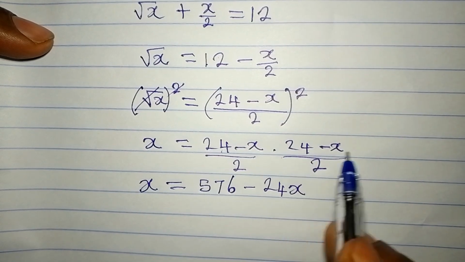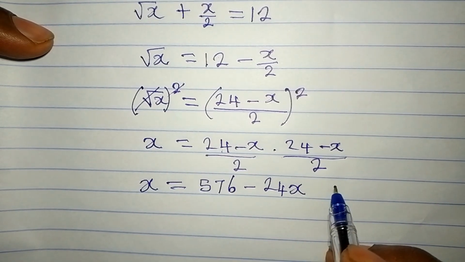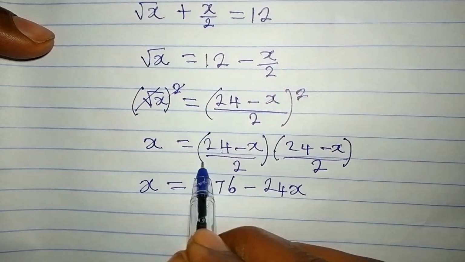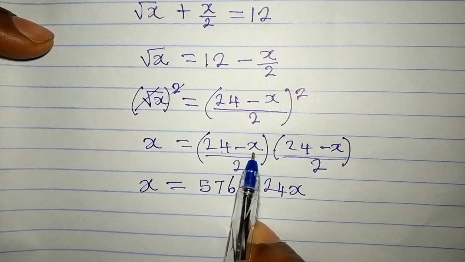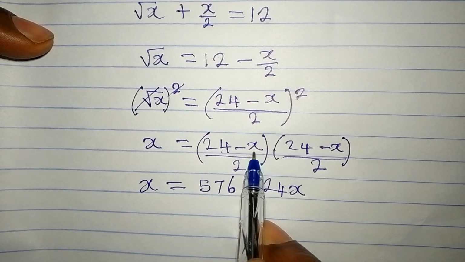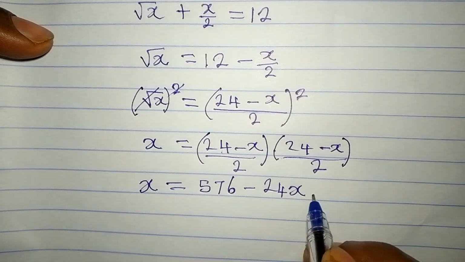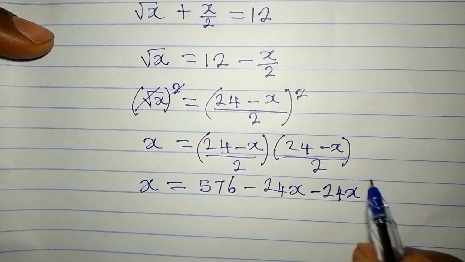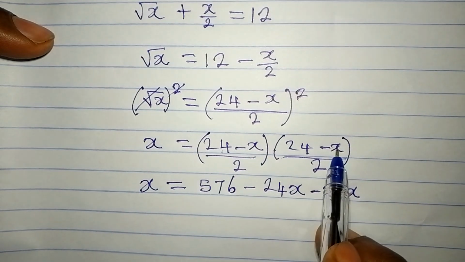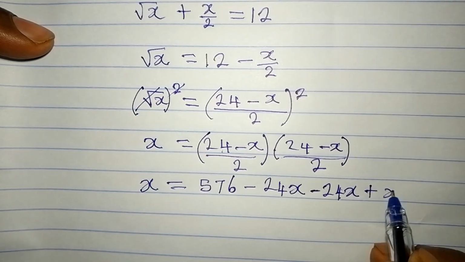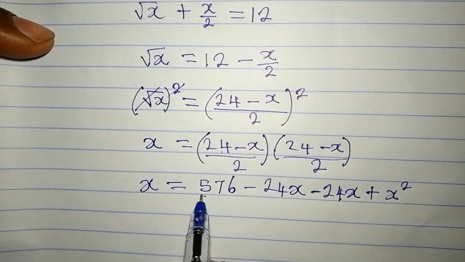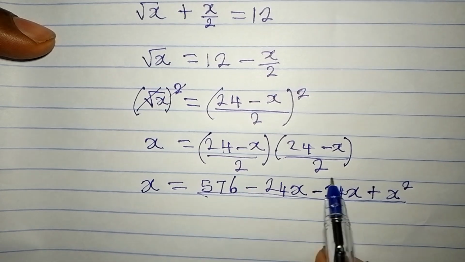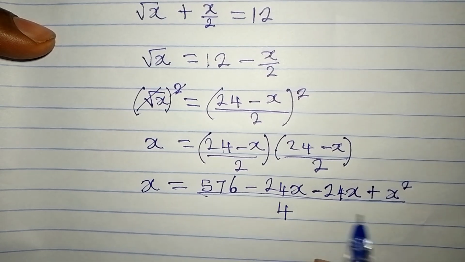Negative x multiplied by 24, we can have this in brackets so it will not be confusing anybody, is negative 24x again. Then negative x times negative x gives positive x squared. The whole of this will be over 2 times 2, and that will give 4.